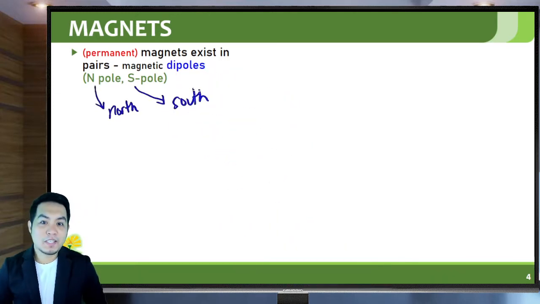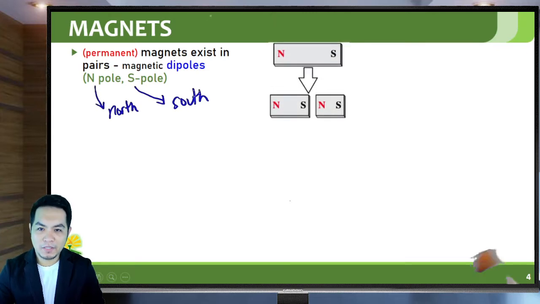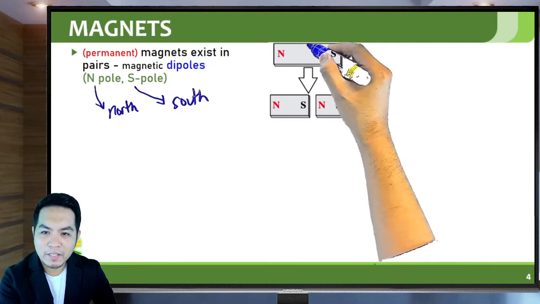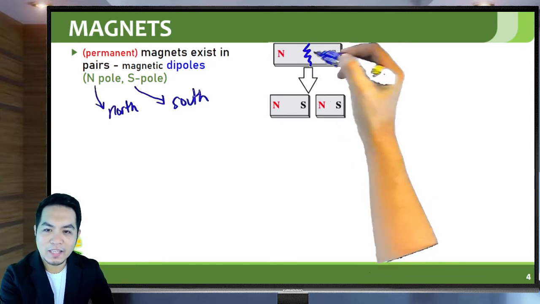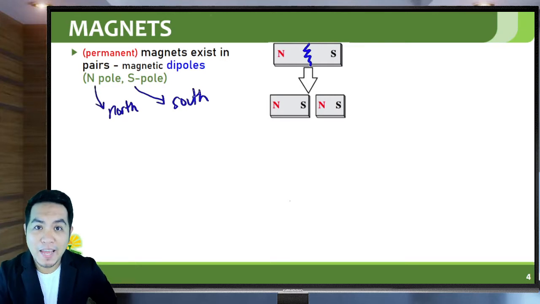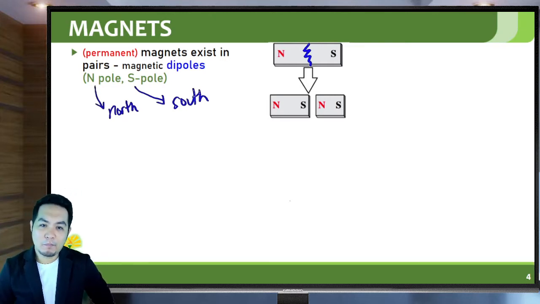Take note, these are different from the north and south poles that you may be familiar with. These are magnetic poles. Even if you try to break a magnet exactly at the center, you will still get two dipoles. You will always get a pair of magnetic poles, a pair of N and S poles.